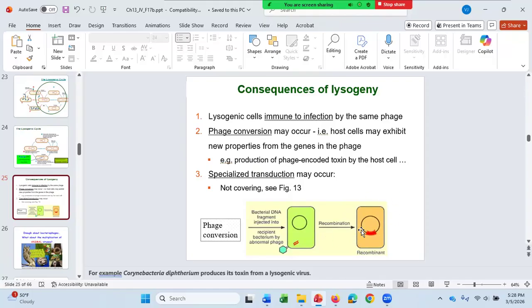This cell is now immune to infection by the same species of virus. Another consequence of lysogeny is this host cell gains new DNA, and that's the DNA of the virus. That can change the phenotype of this cell because it can express the viral DNA, giving this cell new phenotypes.